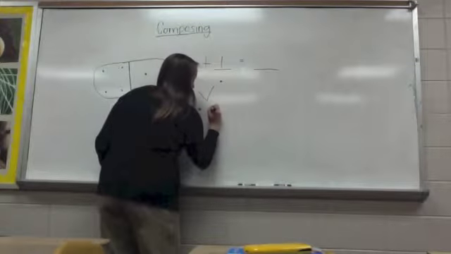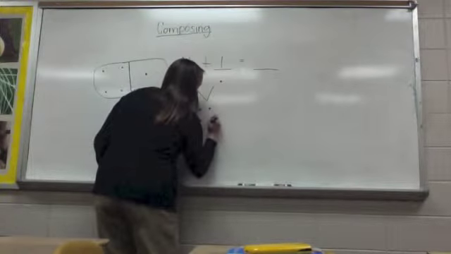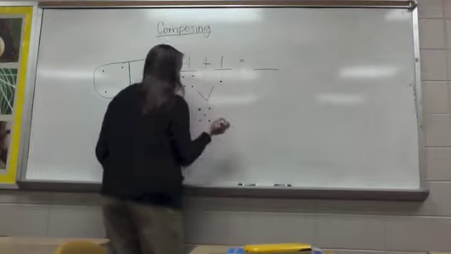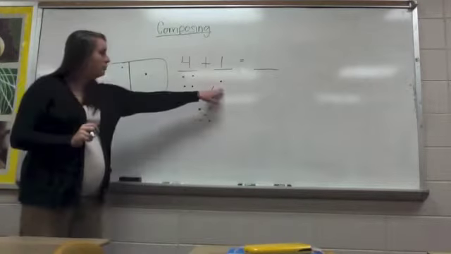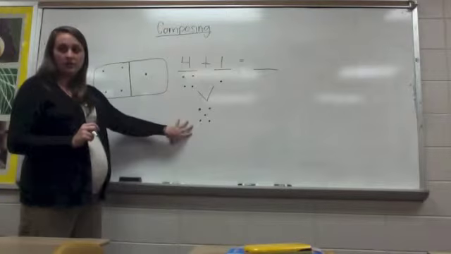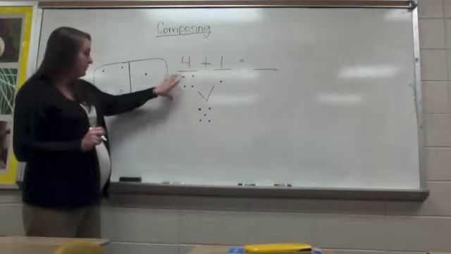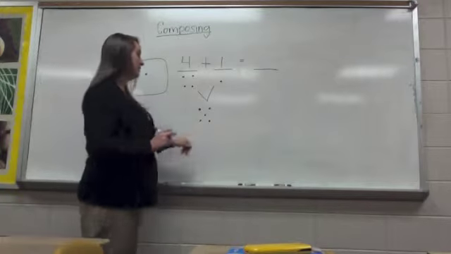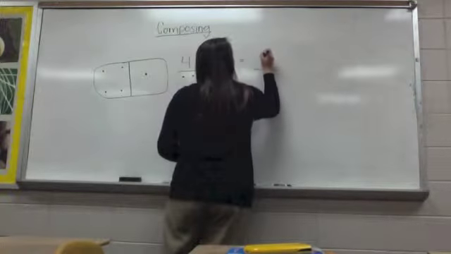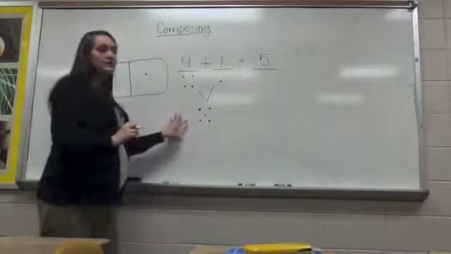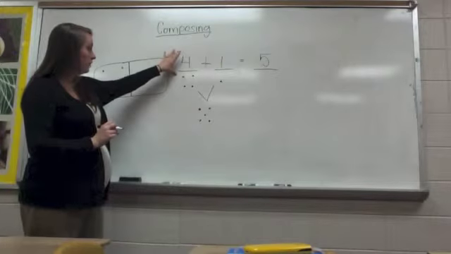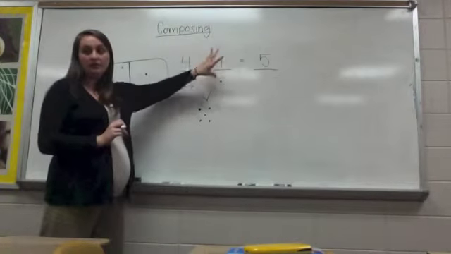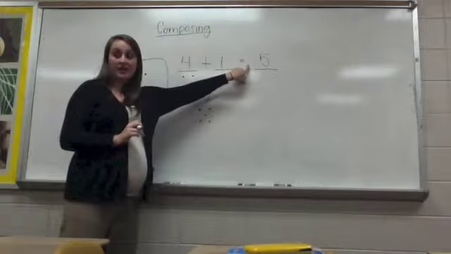Do you see how we added 1 more to this 4? Yes. And 4 plus 1 equals 5. Which means we have composed the two numbers 4 and 1 together to get 5.